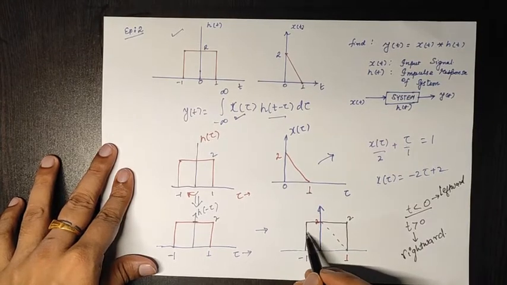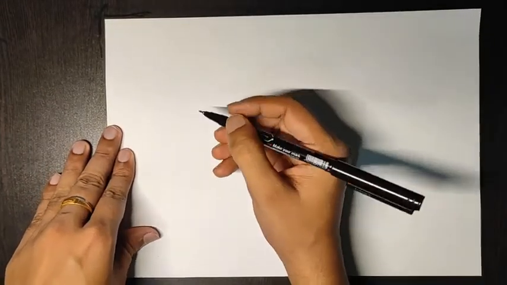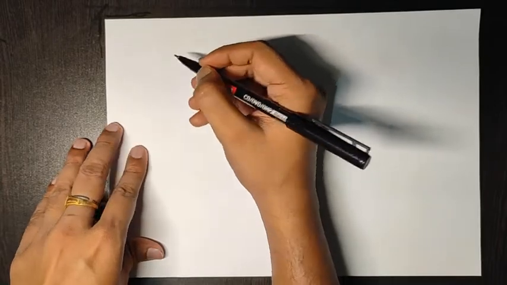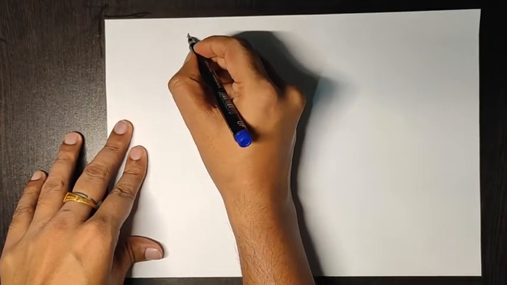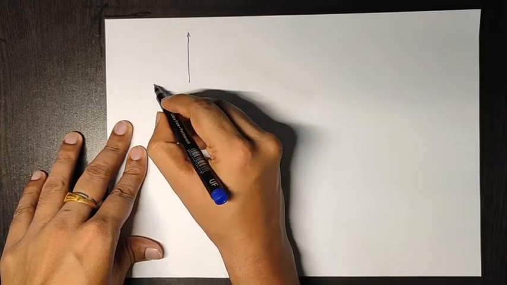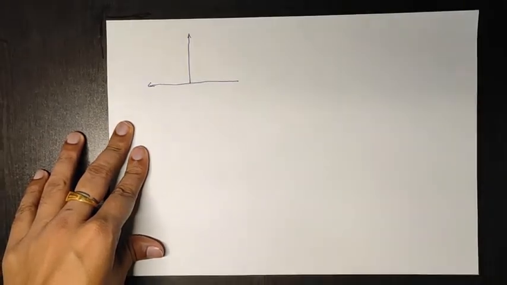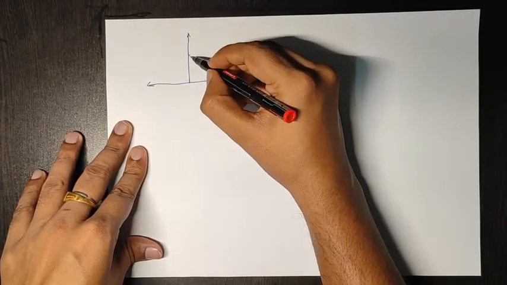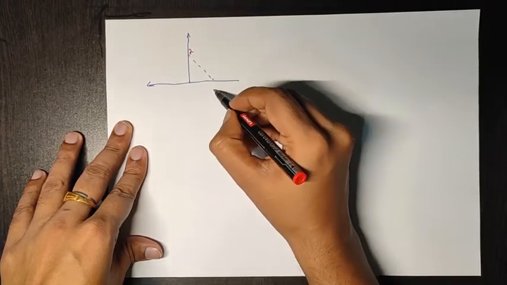Let us draw on a fresh paper. This is x(tau) as it is.